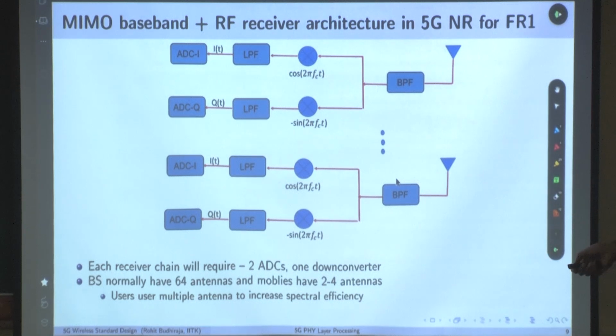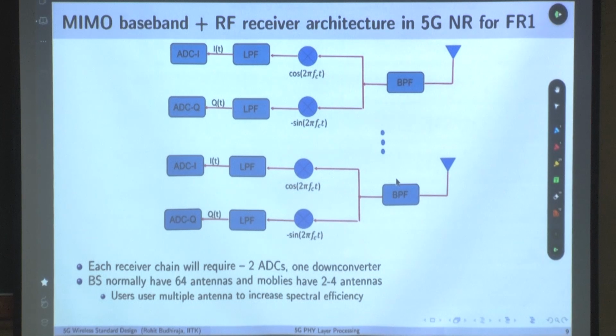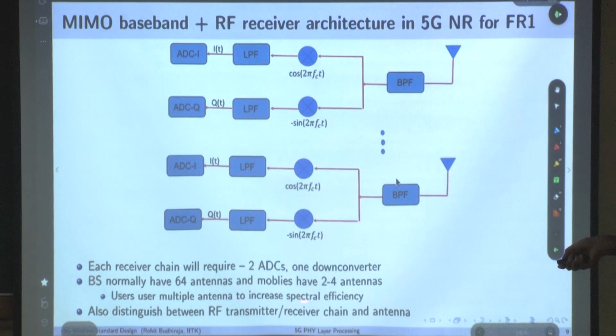The channel is hostile, so the user, or even the base station, will use these antennas to combat the channel. Look at the decisions: for FR1, multiple antennas at high SNR will be used to increase the capacity or rate of the user by transmitting multiple layers in parallel.